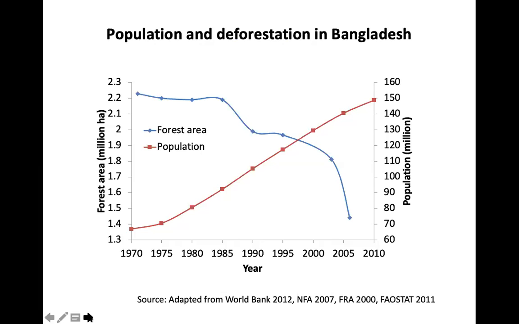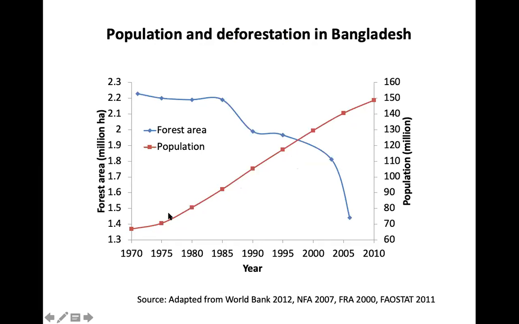Population and deforestation. If we consider population in Bangladesh, it is steadily increasing. Once there was a very strong family planning activity in Bangladesh, but now no family planning. So population is increasing at an alarming rate, considering the land area. And our forest area is declining.